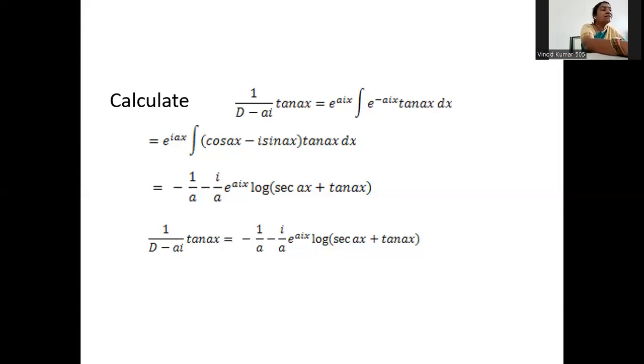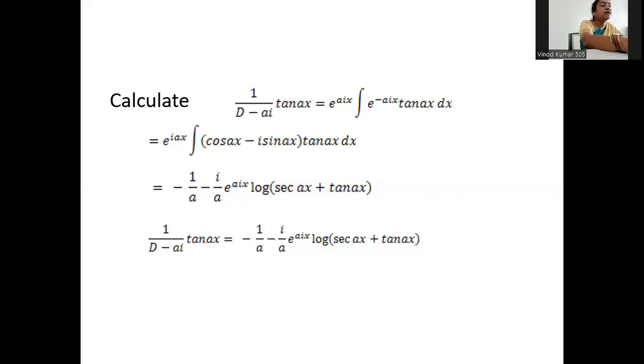So cos ax cancels out, leaving you sin ax. Take i as common, then we have e to the power of iax into (cos ax minus i secant ax). So on integrating this, this is equal to minus 1 by a minus i by a into e to the power of iax into log mod secant ax plus tan ax.